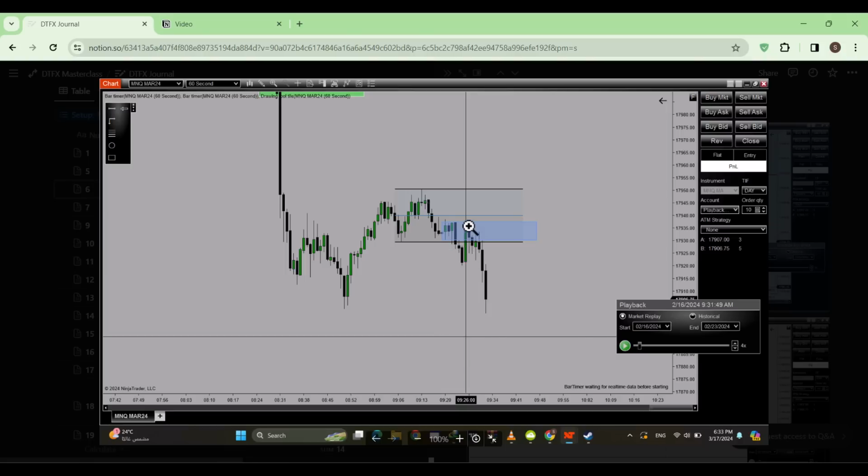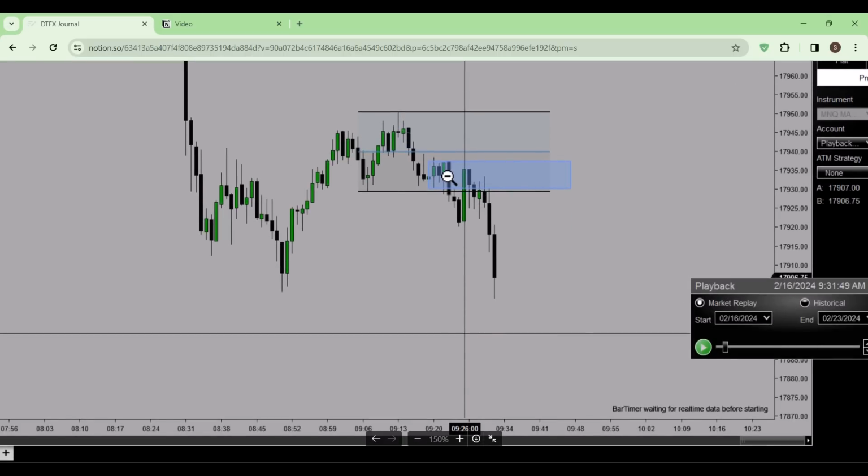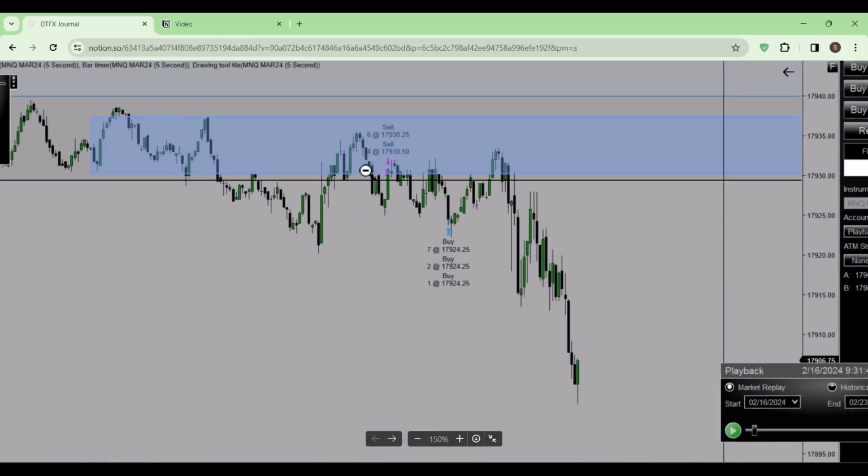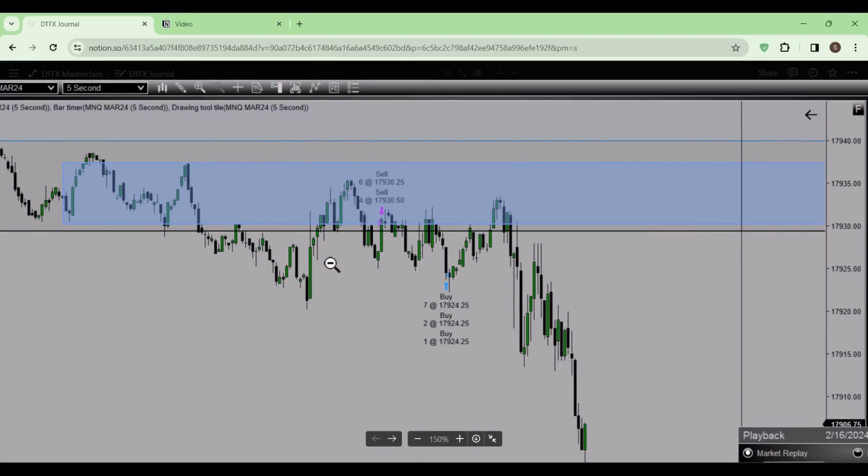We return back, as you can see, to the SNDR, the area responsible for breaking structure here. It will look better on the 5 second time frame. So as you can see, we didn't retrace to the 50%. Let's zoom in here. And then once we tapped into that SNDR, right, we have a flip here.